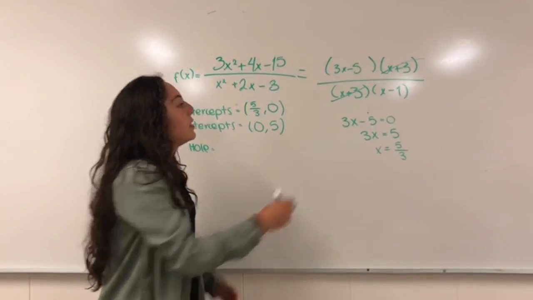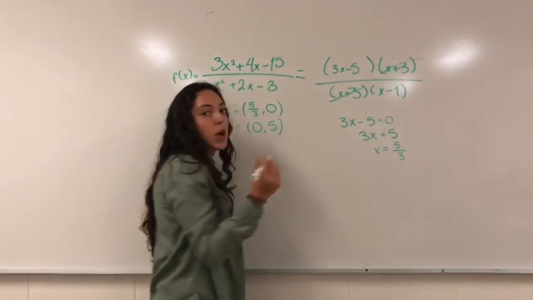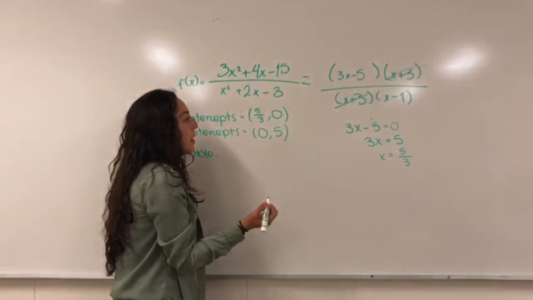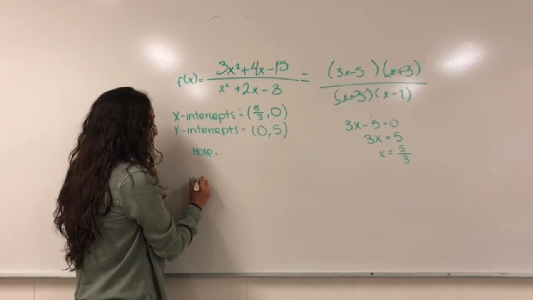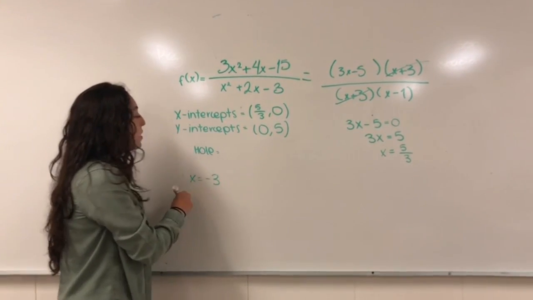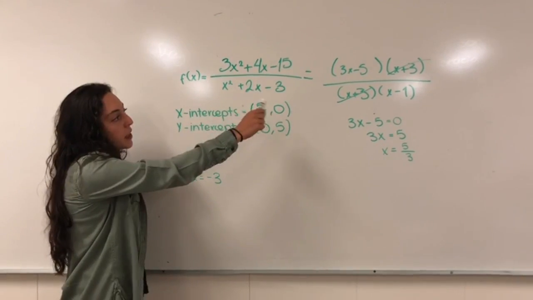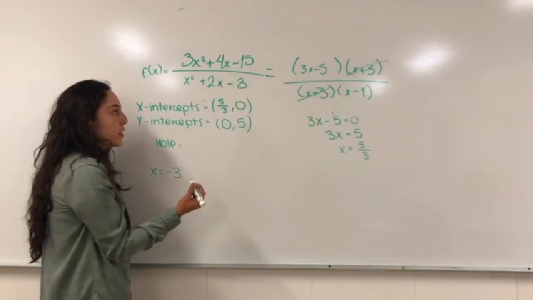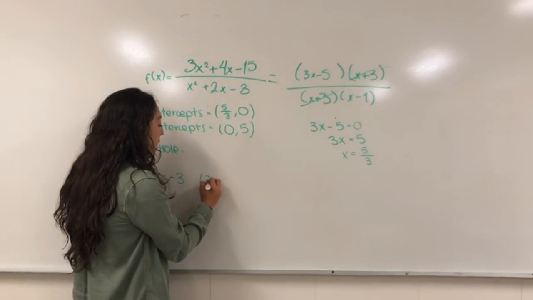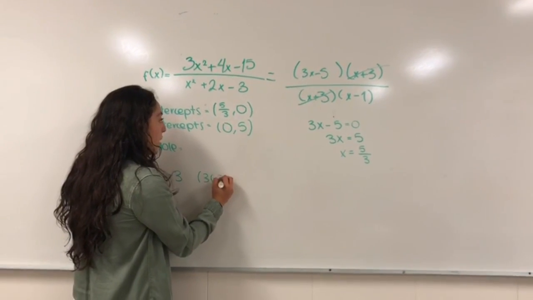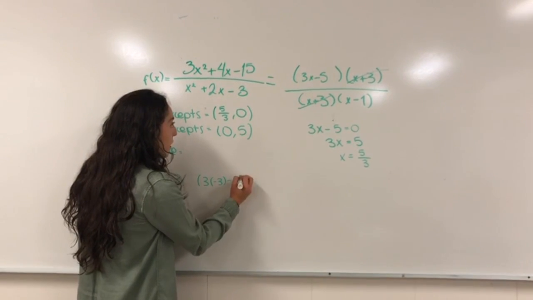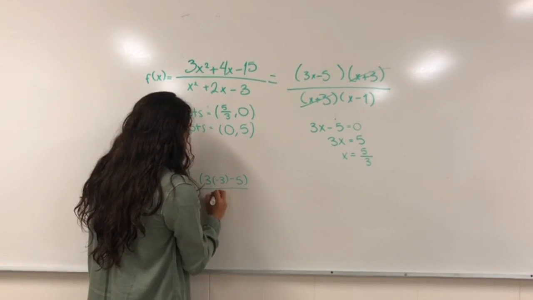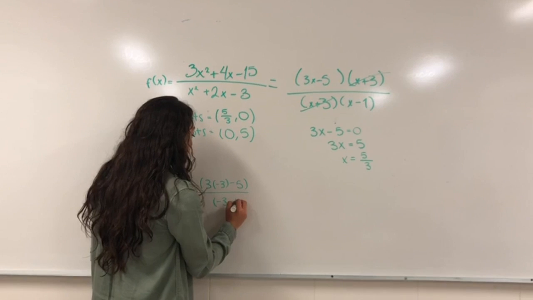Here we cancel the term x + 3, so we can assume that the hole is at the point x equal to −3. So we substitute this value in the factorized form, and we have 3 times (−3) − 5 over −3 − 1.